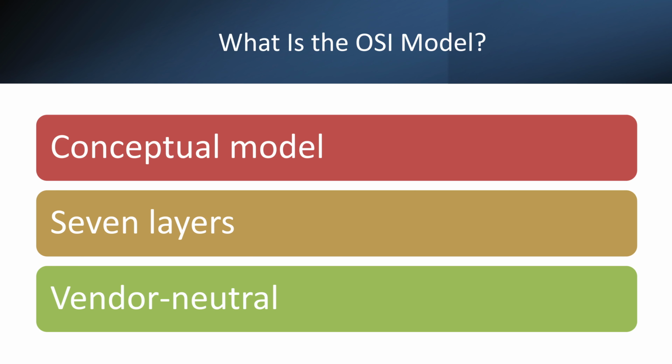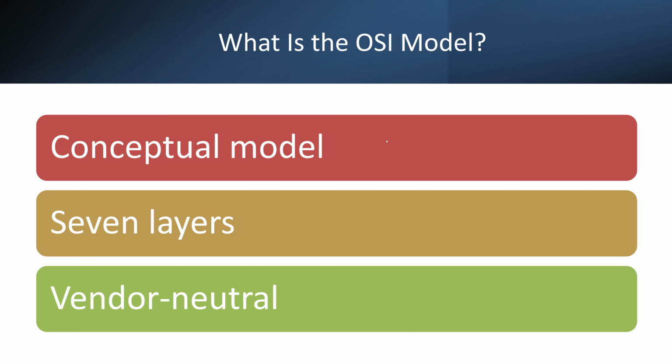So if a problem occurs at layer 1, we don't need to inspect every part of the network, we just narrow it down. This is why layered models exist in all engineering disciplines.